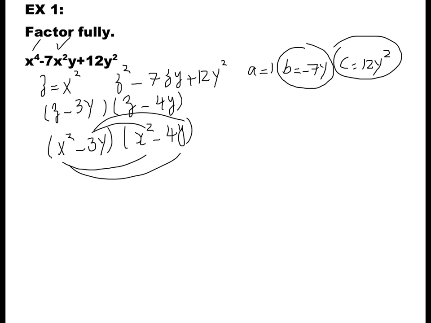The next example is the following. We have to find the factors of x exponent 6 minus 3x cubed minus 54. Again, I'm going to use a different variable to get rid of x exponent 6. So I'm going to introduce z equal to x cubed.